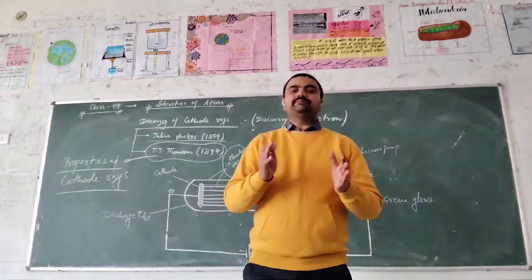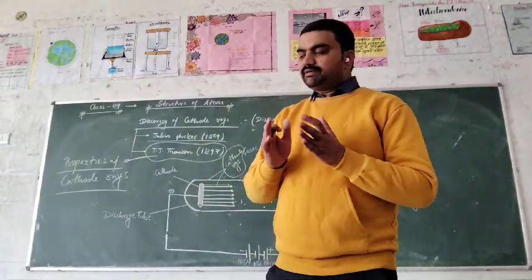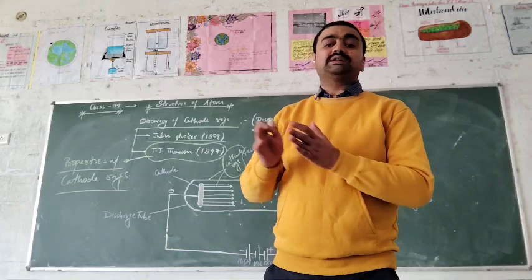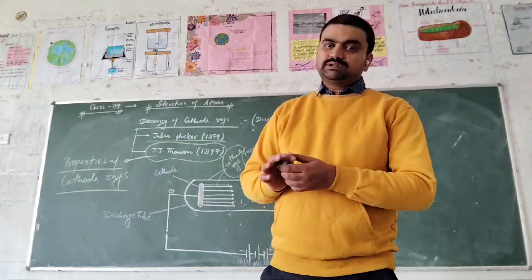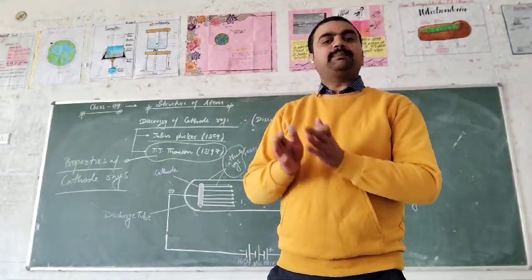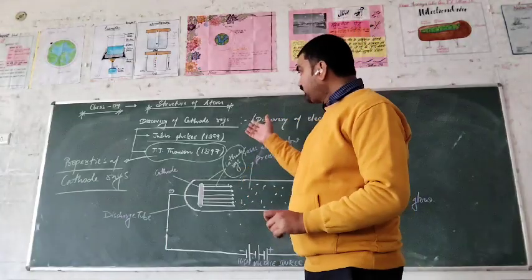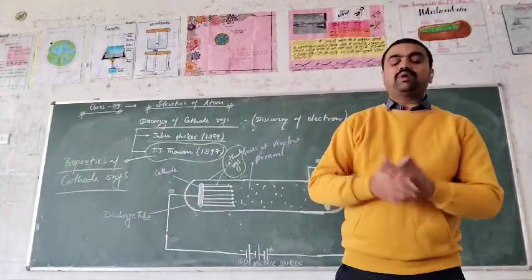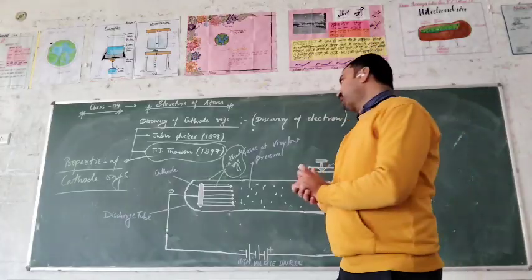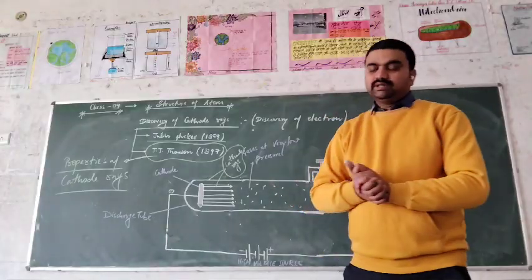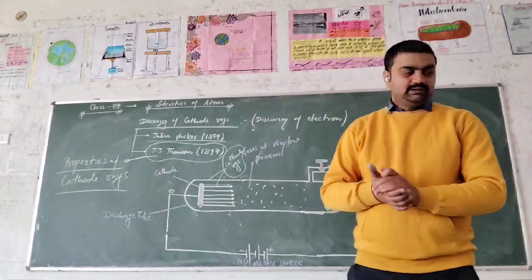Here the discovery of cathode rays is credited to J.J. Thomson because J.J. Thomson studied the properties of the cathode rays. Clear? Plucker was not able to explain what the properties of these cathode rays were.